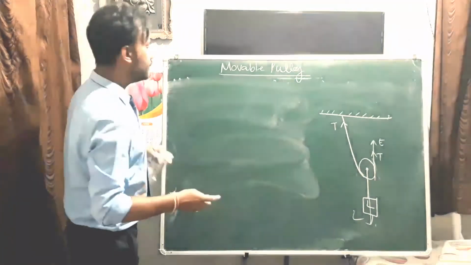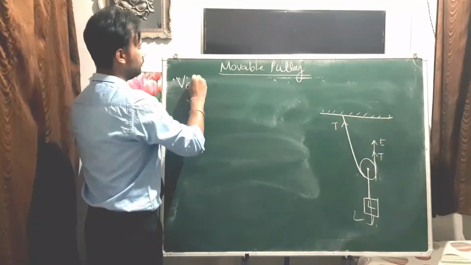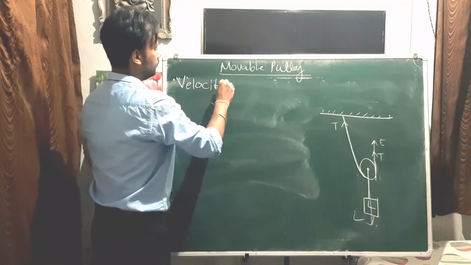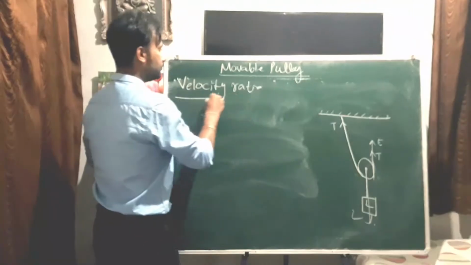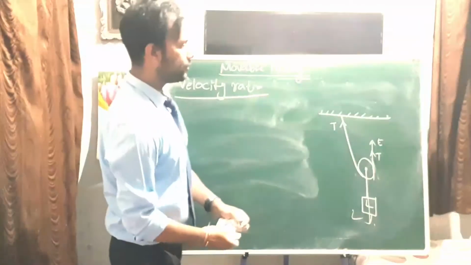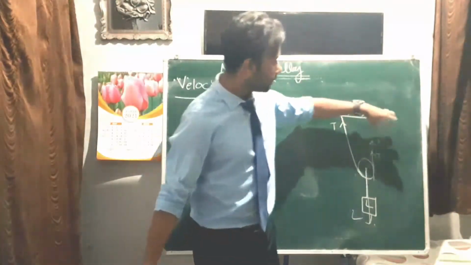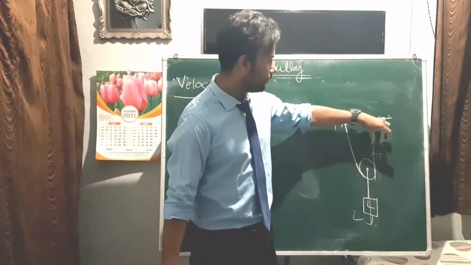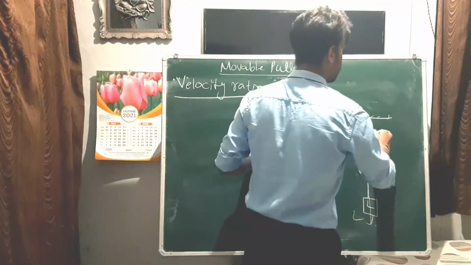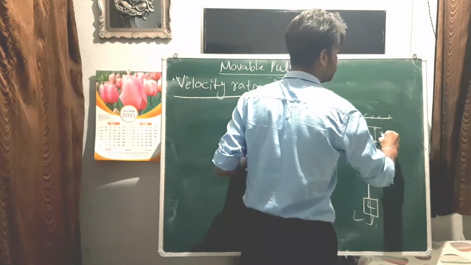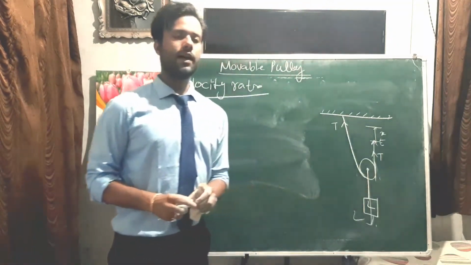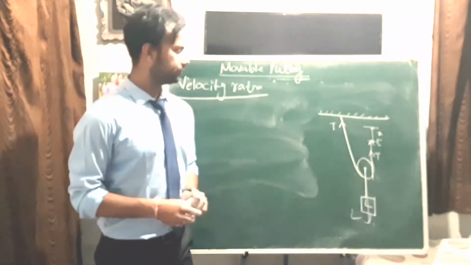So now we are calculating the velocity ratio. Suppose you are applying some effort on this side and the effort is moved by distance x.